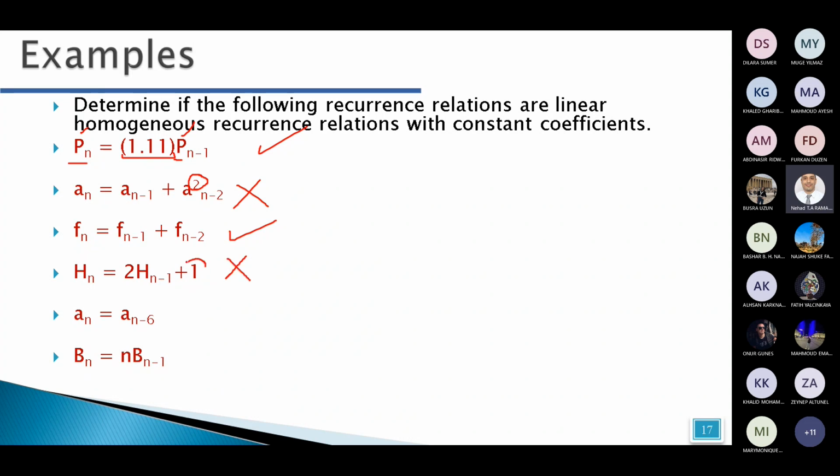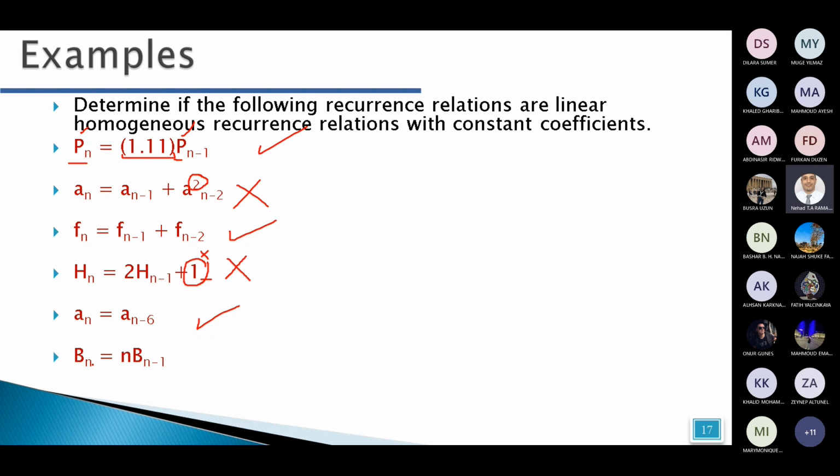Why? Because we have this term without a variable, so we don't know which variable it is, because it could be a variable to power 0 or something like this. So this constant without a variable means it's not homogeneous. This one is a linear homogeneous recurrence relation with constant coefficient.